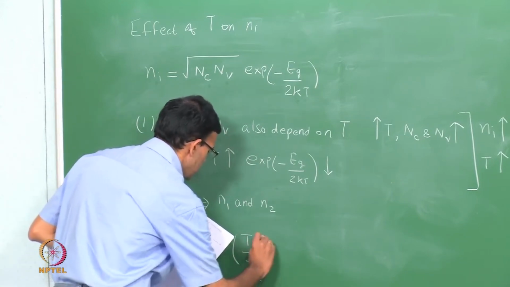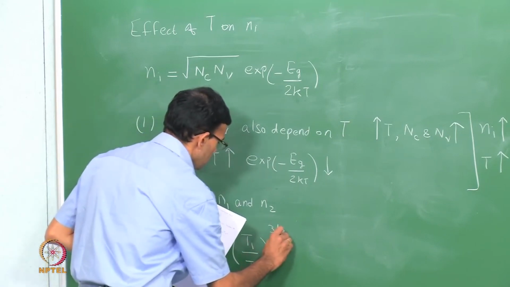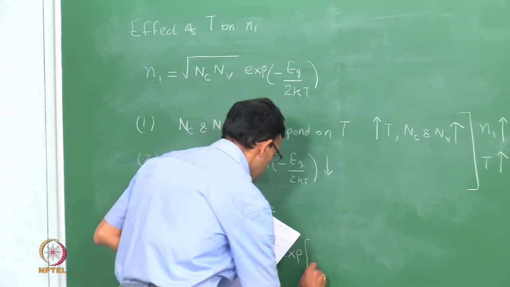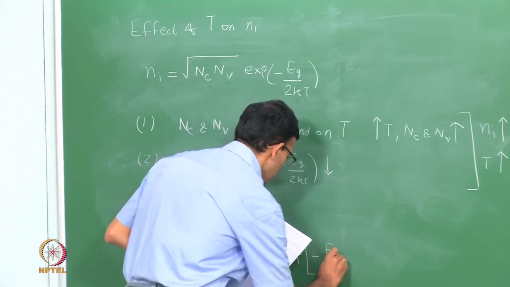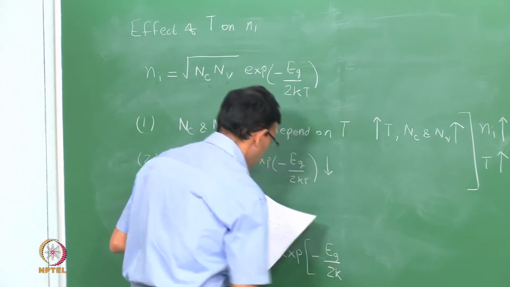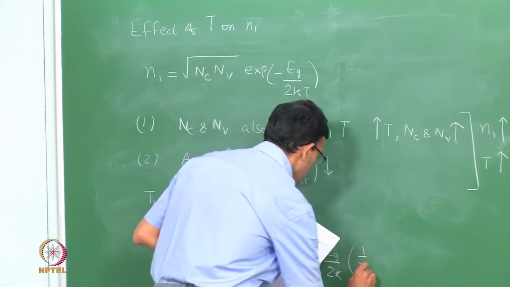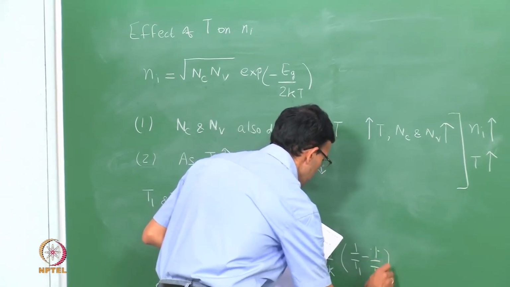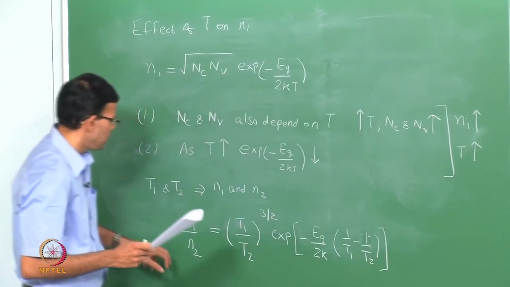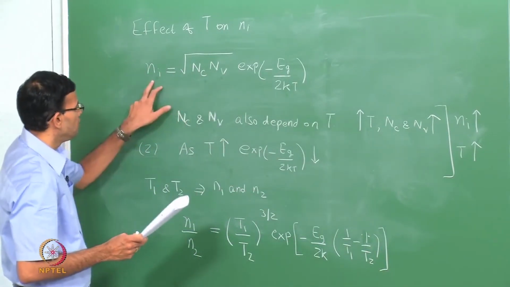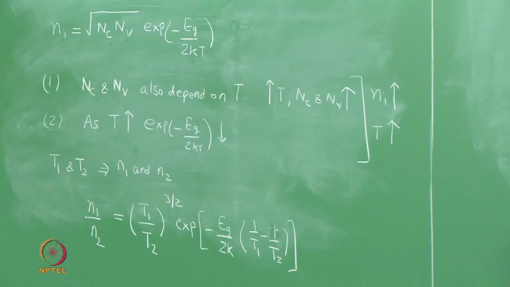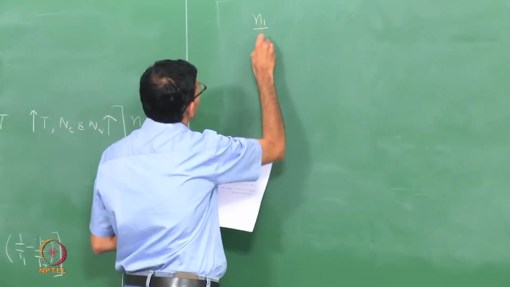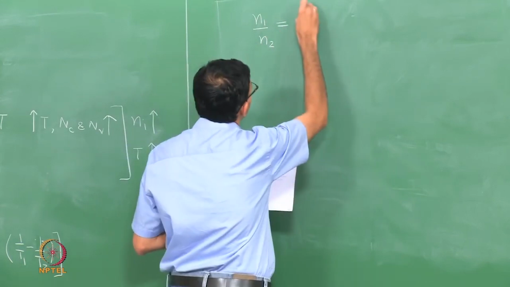That will give you T1 over T2, exponential minus Eg over 2k. So, all I did was substitute for N1 and N2 in this expression and then divide. Let me just rewrite that expression, N1 over N2.